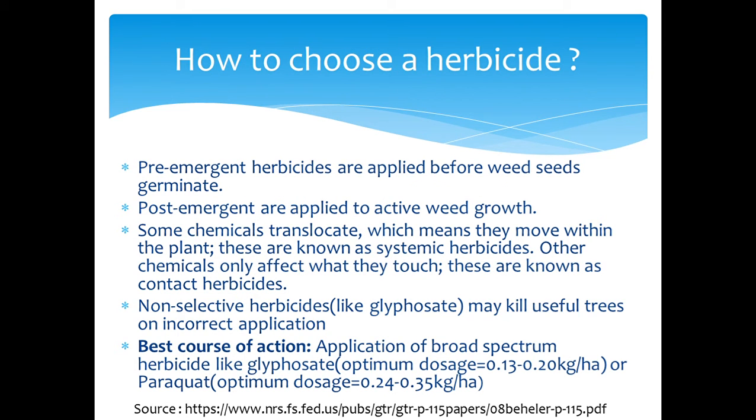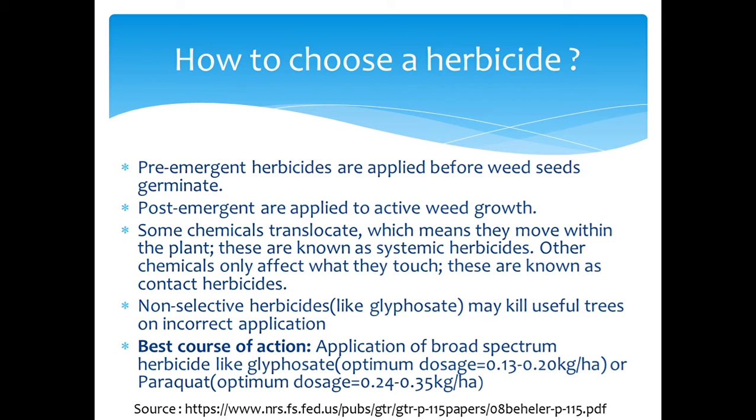The process of choosing a herbicide depends on the growth of weeds in the crop. If the weeds have not emerged, pre-emergent herbicides may be used. In case of an active weed growth, post-emergent herbicides are used. Also, various types of herbicides may be used, such as systemic or contact herbicides.